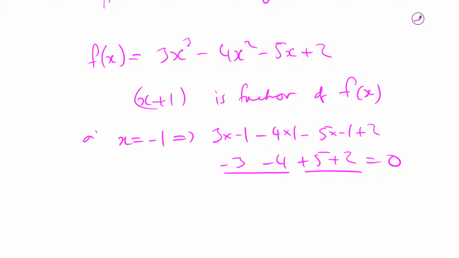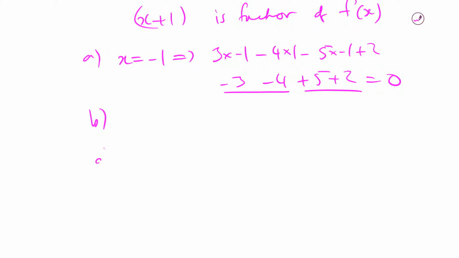So that's supposed to be part A. We're still waiting for the log part to come up. Part B says factorize completely, and there's still nothing to do with logs. I'm looking at part C actually. Part C is saying solve, giving your answers to two decimal places, the equation.